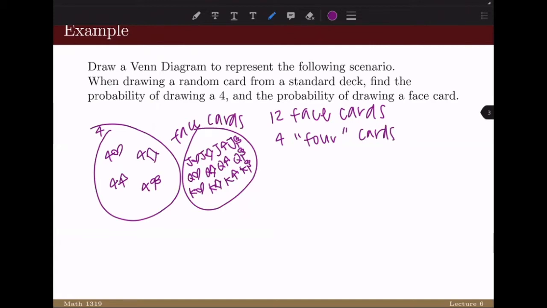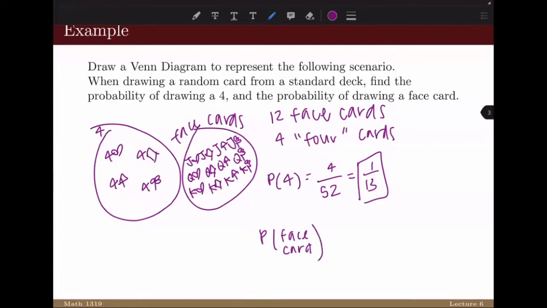So the probability of drawing a 4 is 4 out of 52, because that's 4 events out of 52 outcomes. This simplifies to 1 out of 13. The probability of drawing a face card is 12 out of 52, because there are 12 face cards out of 52 outcomes. This simplifies to 3 out of 13.